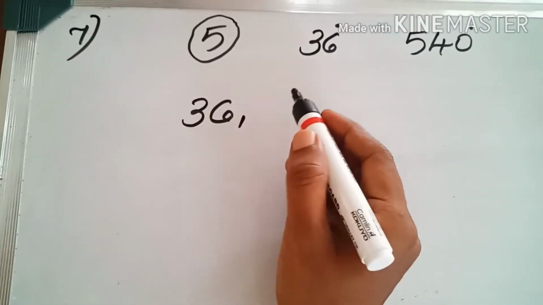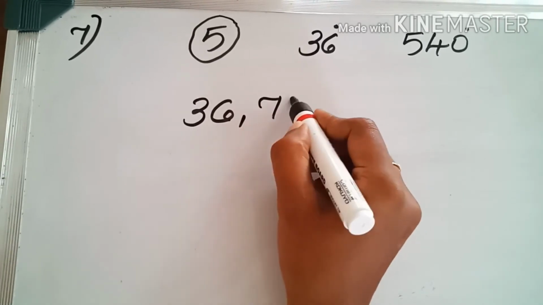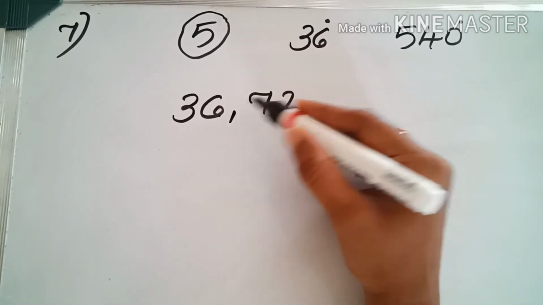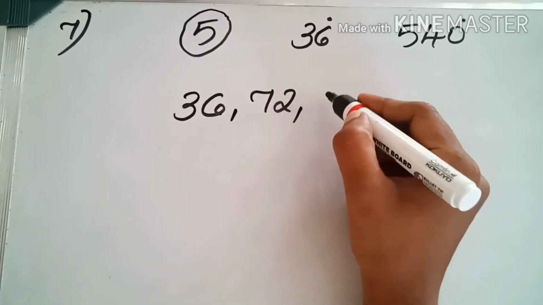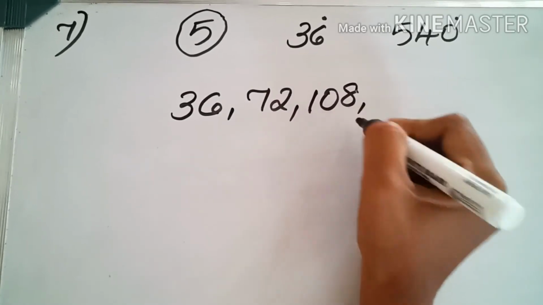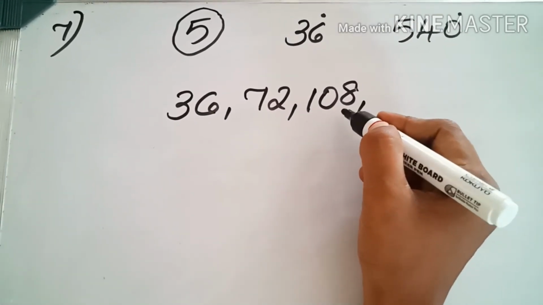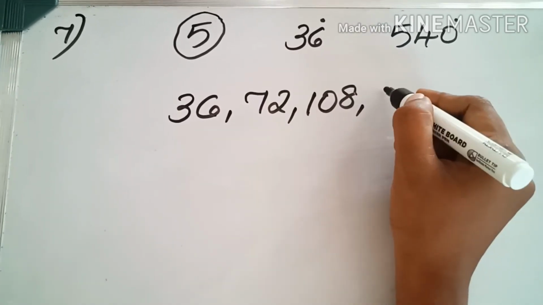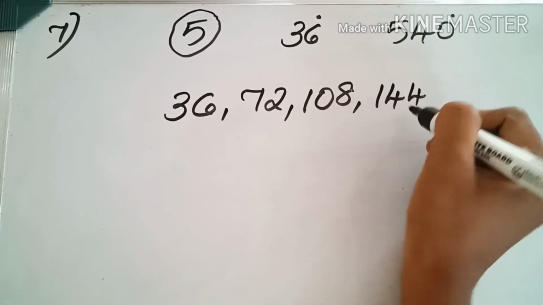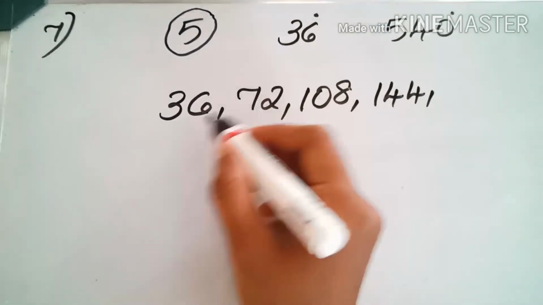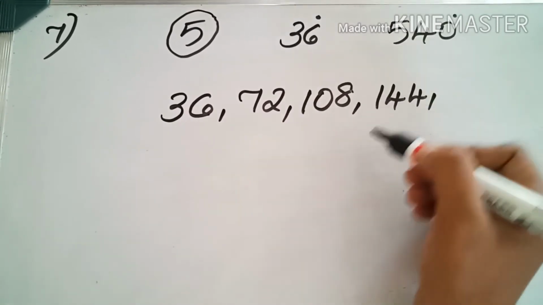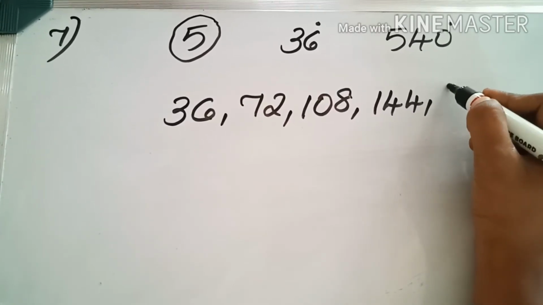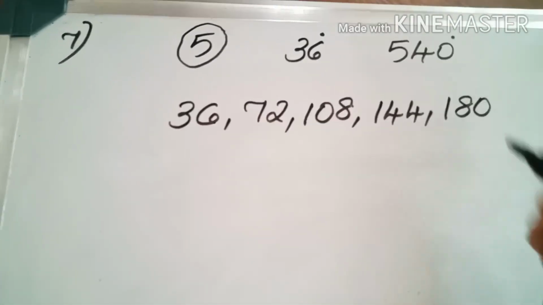So 36 plus 36 is 72. The next angle is 72 plus 36, so it is 108. The next angle is 108 plus 36, which is 144. We have 4 angles, and we need one more: 144 plus 36, which is 180.